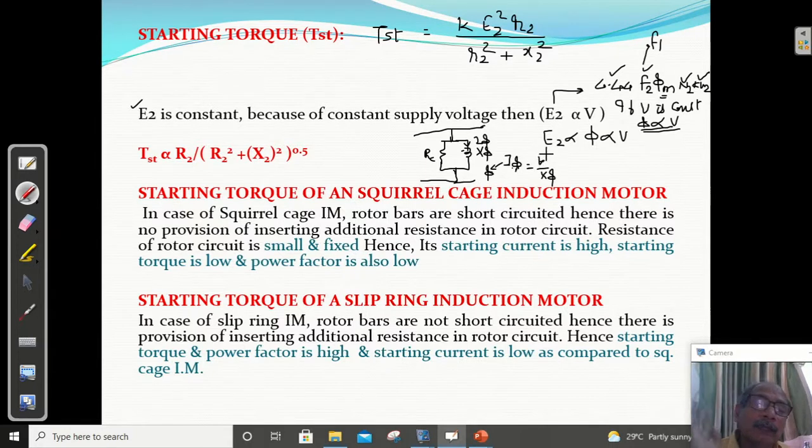So I can say in one word, E2 is proportional to flux from this expression, and if the voltage is constant, flux will be constant.